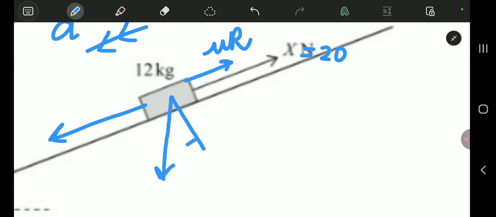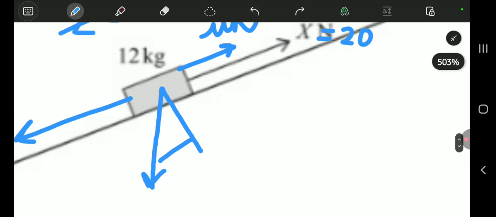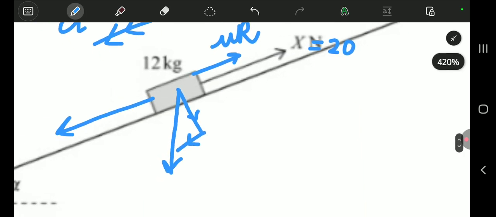This is how we resolve it. First draw a line perpendicular to the plane, and then draw one parallel to the plane. This is 12g.